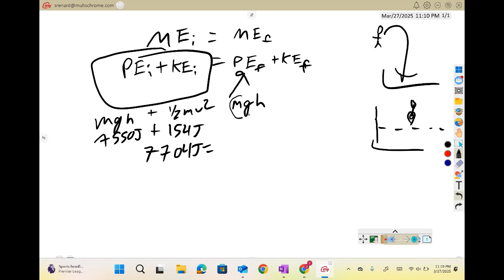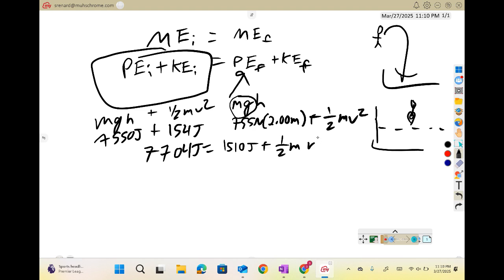Remember that our mass times gravity is his weight, or 755 newtons, and we're going to put here the height of 2.00 meters. The 1/2 mass times velocity squared part doesn't change. But what we now have over here is 1,510 joules plus whatever his kinetic energy is.